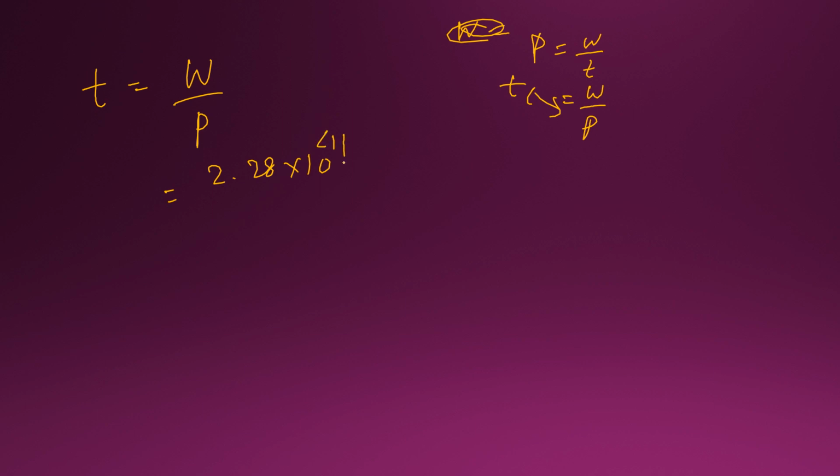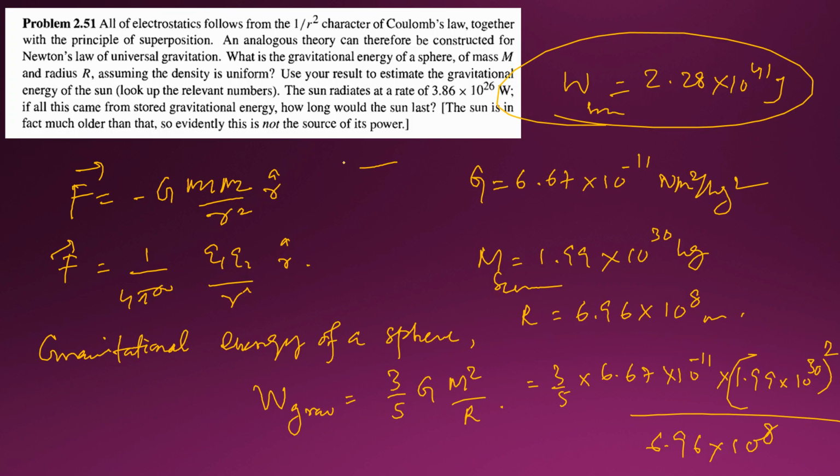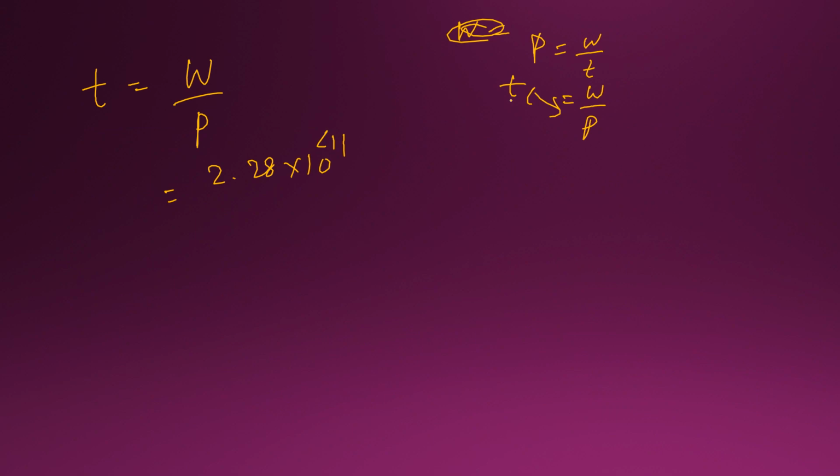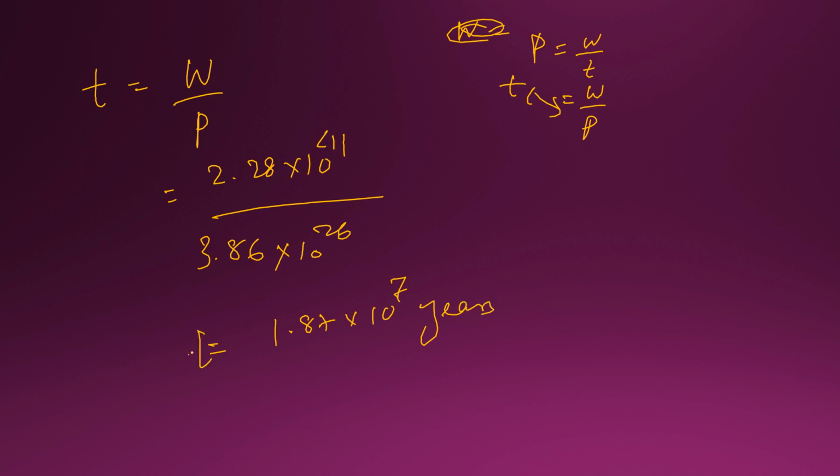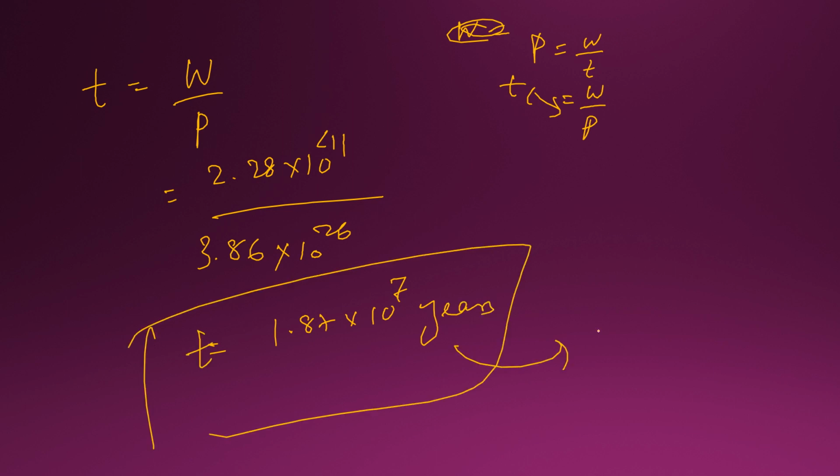And power of the sun is what? The rate at which it radiates, this is the power of the sun, 3.8 10 to the power 26. So if you do this, this will give you 1.87 into 10 to the power 7 years. That is your time. The sun would last this much.